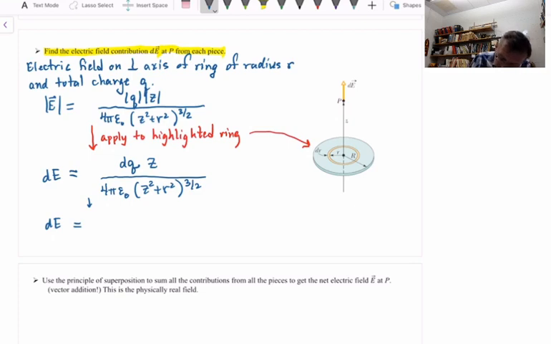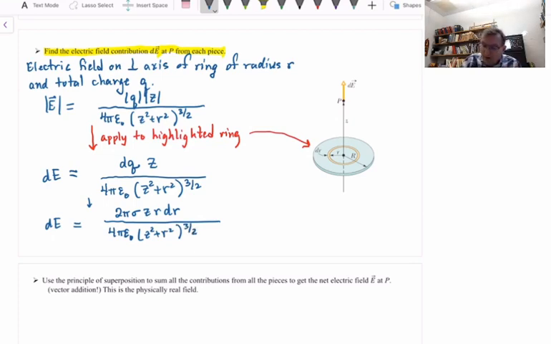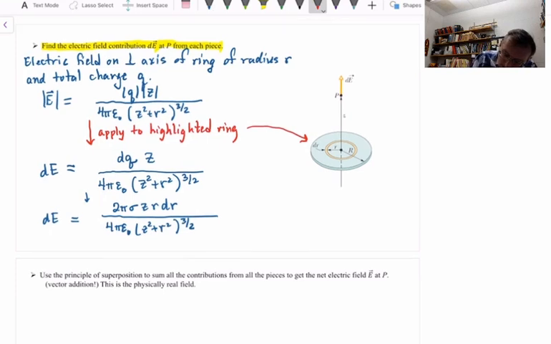So what I have upstairs is 2 pi sigma z r dr over 4 pi epsilon 0 Z squared plus R squared to the 3/2. Understand what I did? For the dQ, I took sigma times 2 pi r dr, and of course that was multiplied by Z.